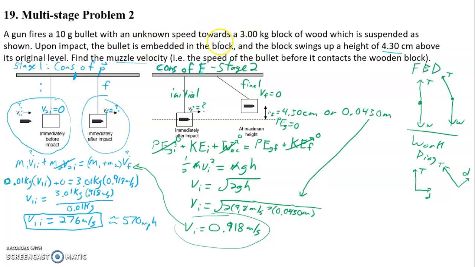So again, this is a two-stage problem. Momentum was conserved here. Energy is not conserved, not kinetic energy, not within the system. Some of the energy of this bullet, the 1/2 mv squared of this bullet, gets turned into heat and sound. And so we can't apply this equation.